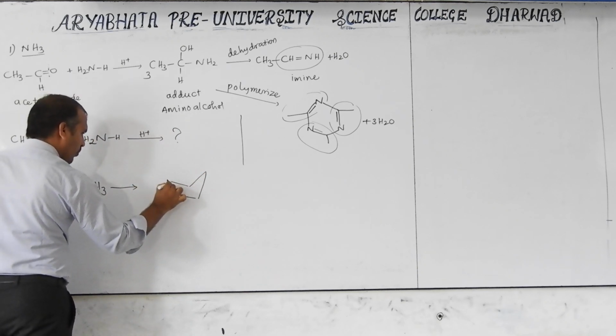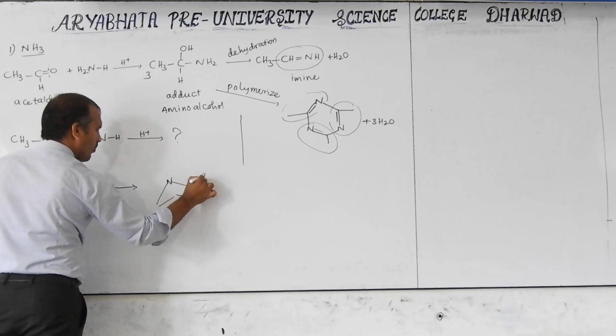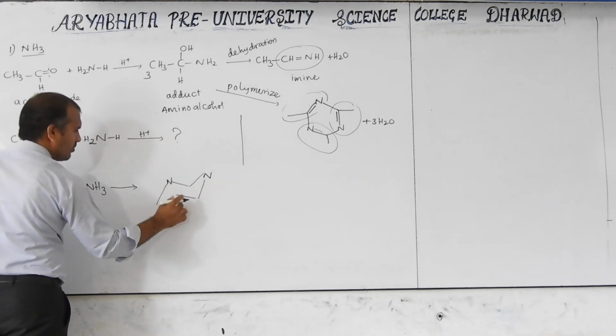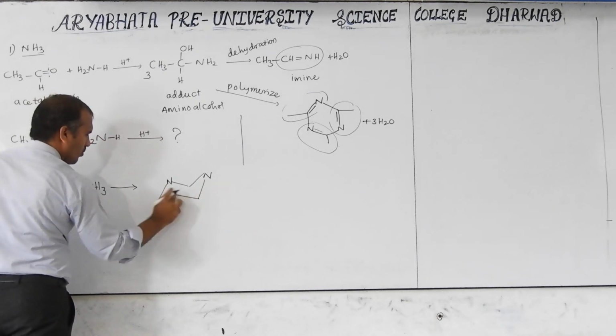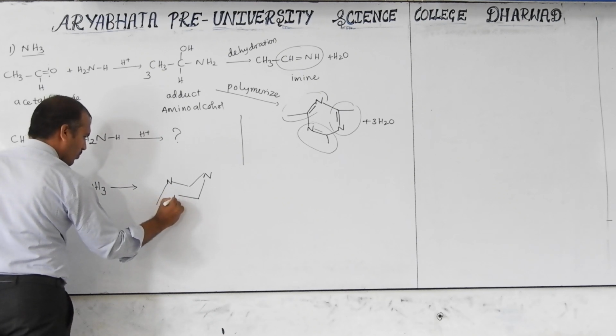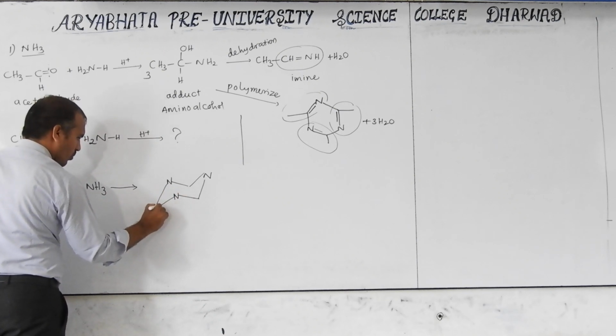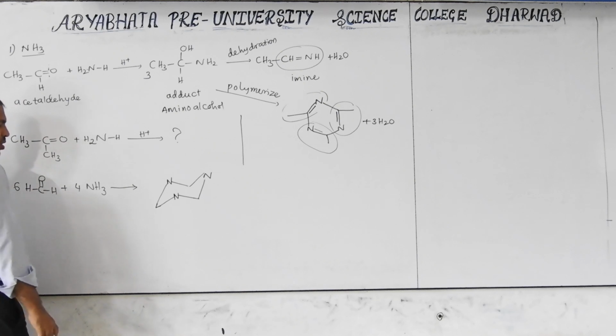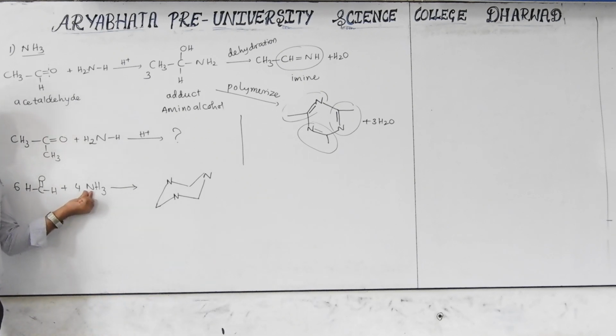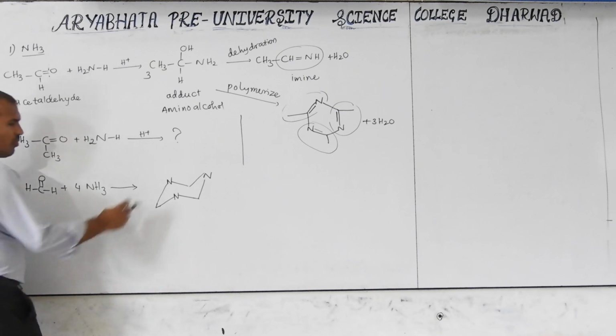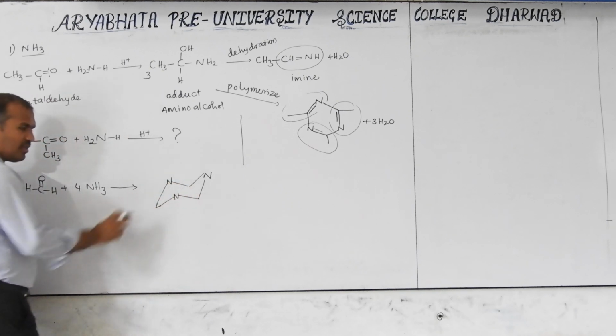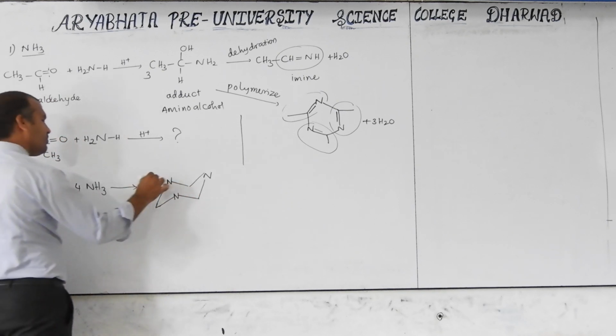Here nitrogen, here nitrogen, here also nitrogen. Total how many nitrogens are there? 4. How many CH2s are there? 1, 2, 3, total 3 are there.